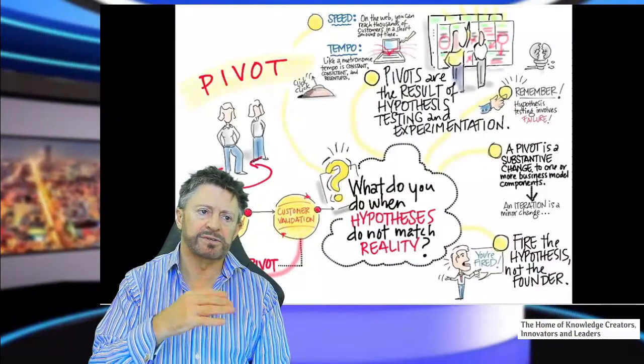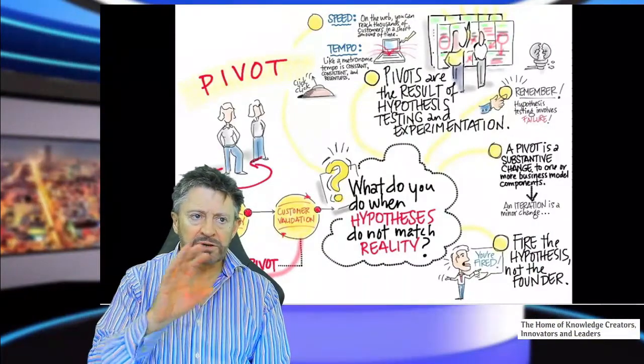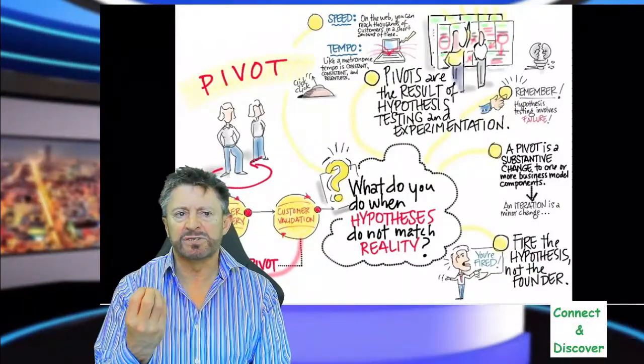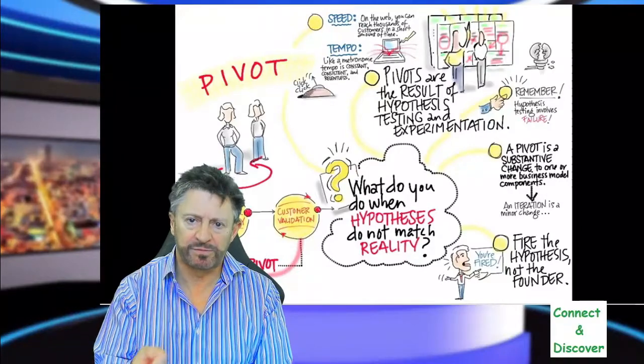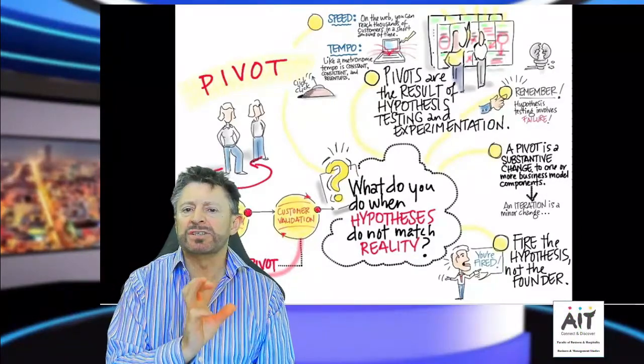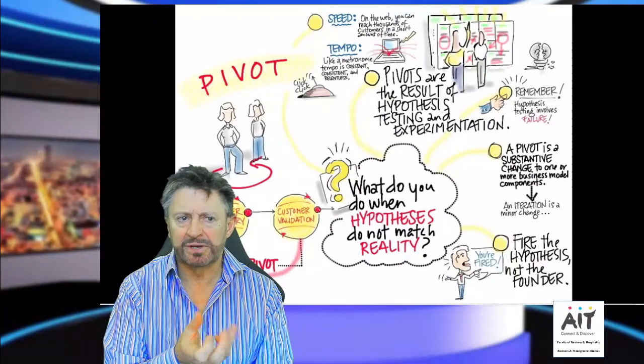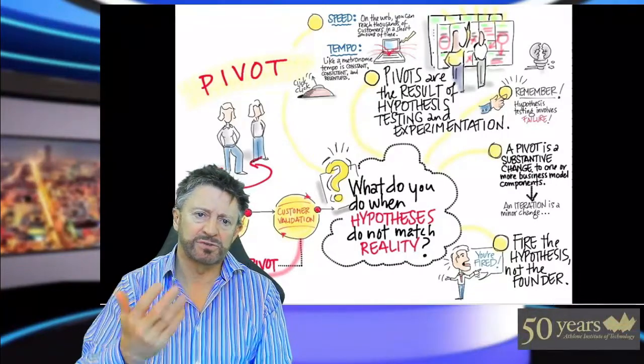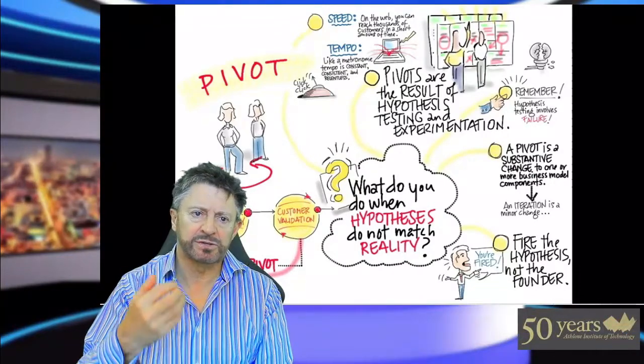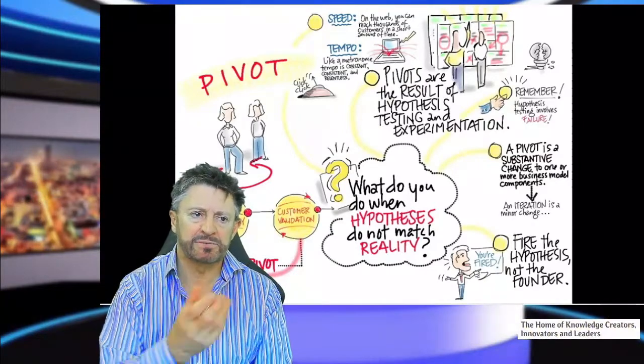So a pivot is quite simply customer validation. It comes back, they give you different information or they give you more information, and you say, well, now I'm going to have to change maybe one of the features in my product, because the customers, or these newer customers, are telling me something different or something new, and I need to build that in, and that's a pivot.